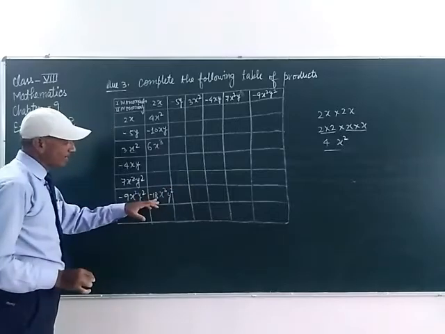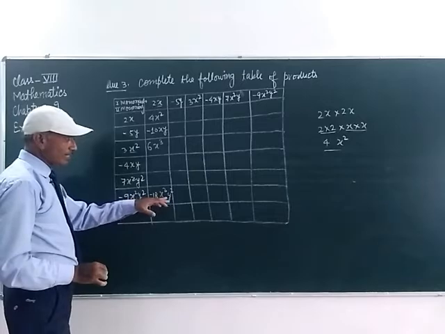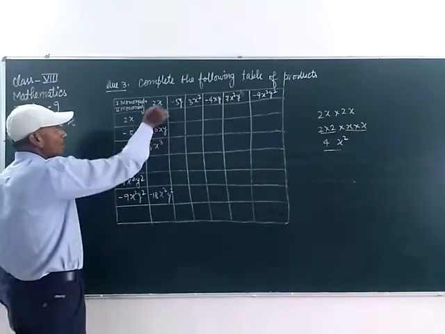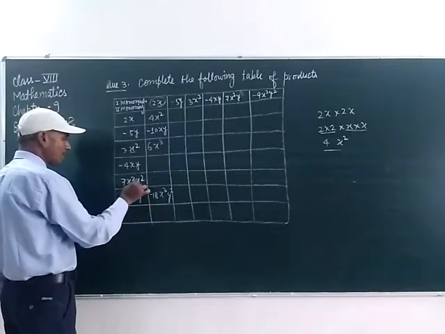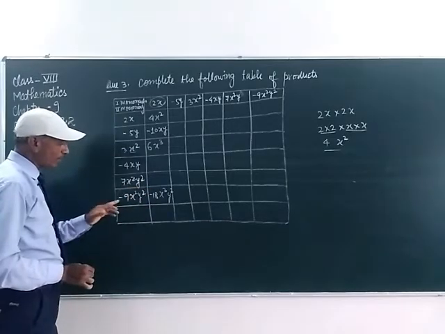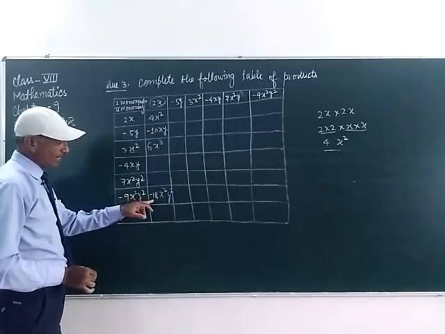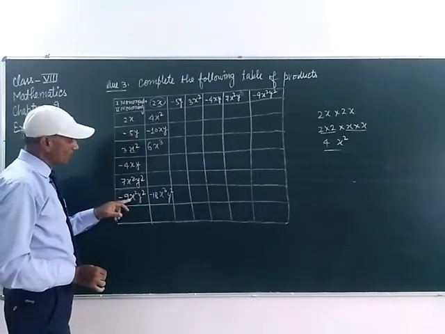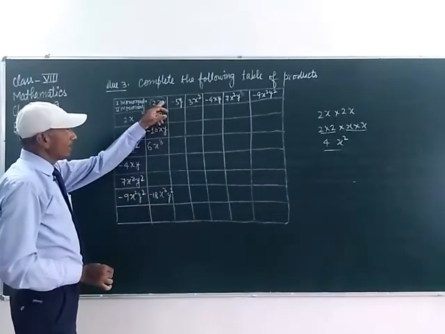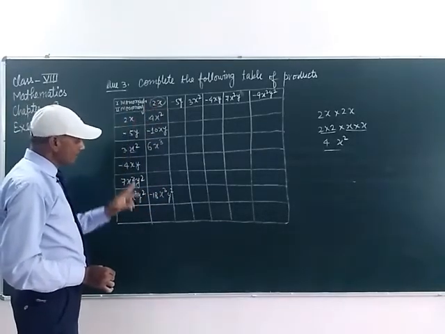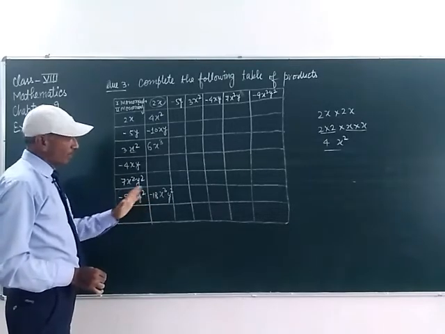Clear, student? In this column, it will be minus 18x cube y square, because we have multiplied this 2x with this monomial. So 9 times 2 is 18, and this one is negative, so it will be minus 18, x into x square will be x cube, and here only x, and here y square, so it will be y square, student.